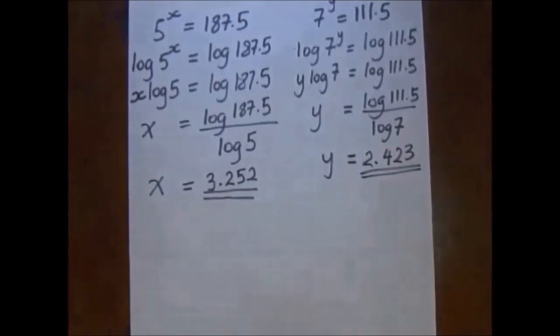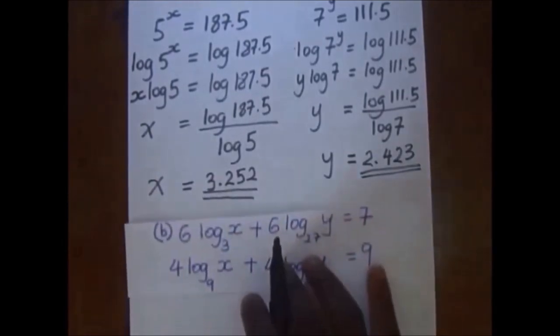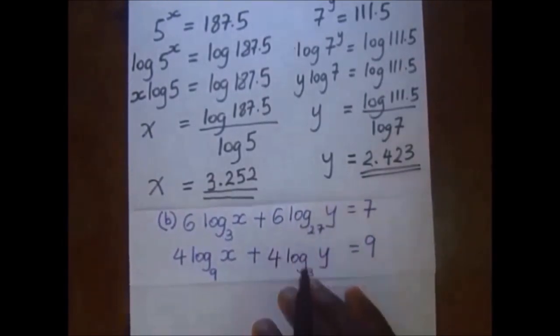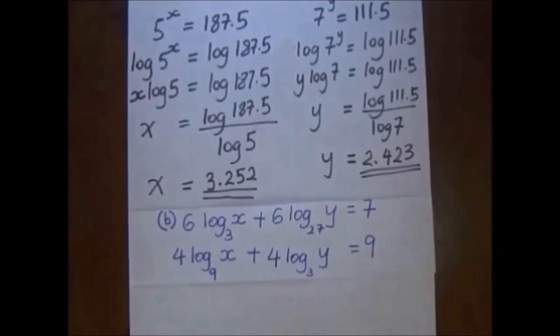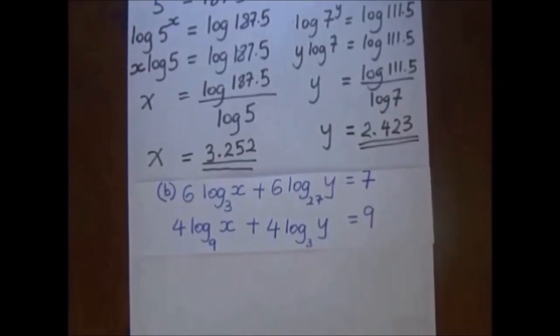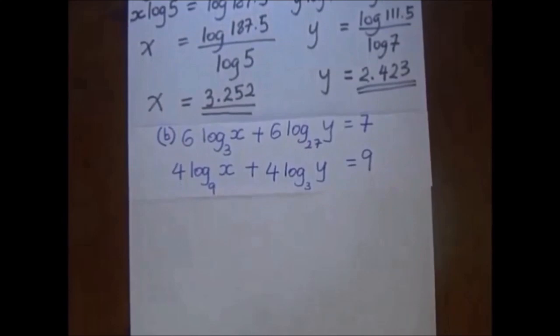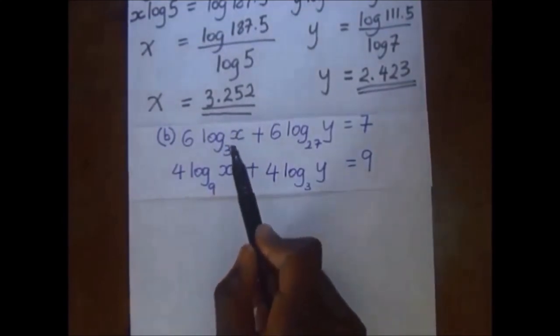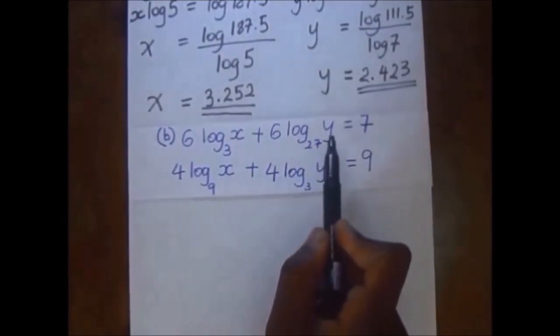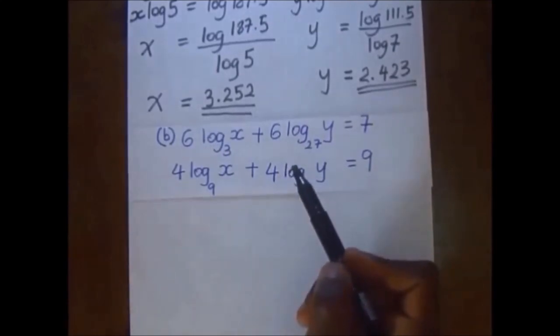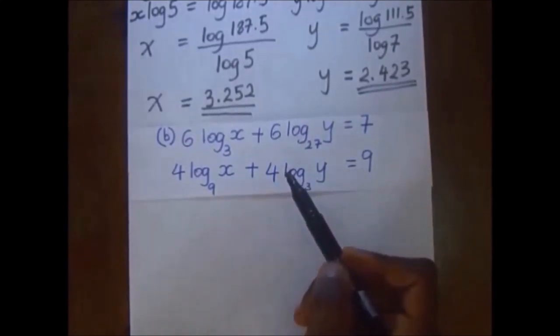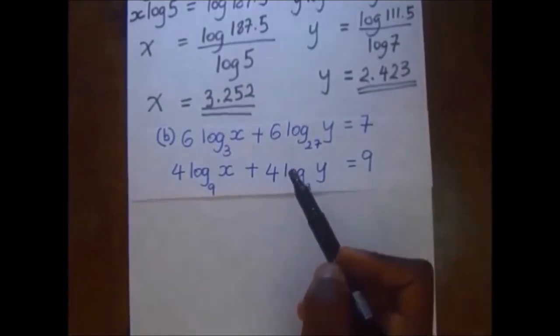So now let's do one more example. In that example, we are being asked to solve those two simultaneous equations, find the value of x and find the value of y. Those are two logarithmic equations. So we go straight away and start manipulating.